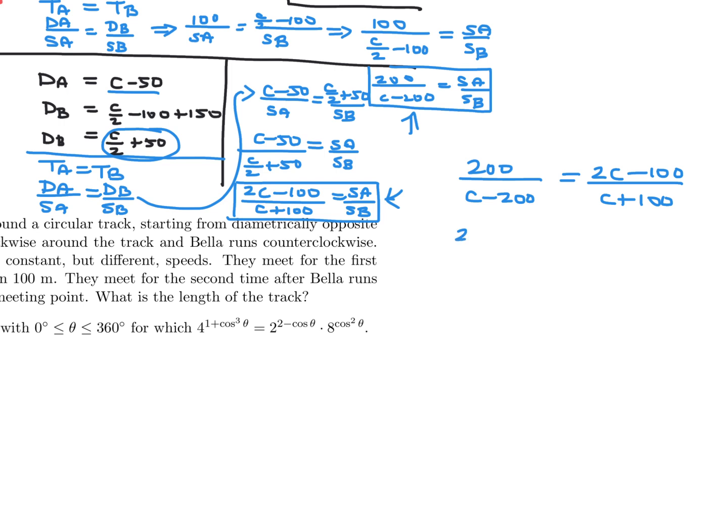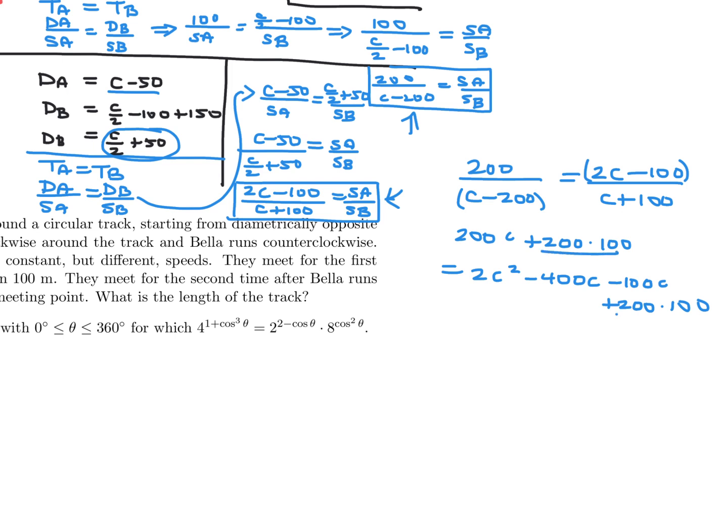So you'll get 200c plus 200 times 100, and then cross multiply this guy with this guy, and you will get 2c squared minus 400c minus 100c plus 200 times 100. Put everything on one side.